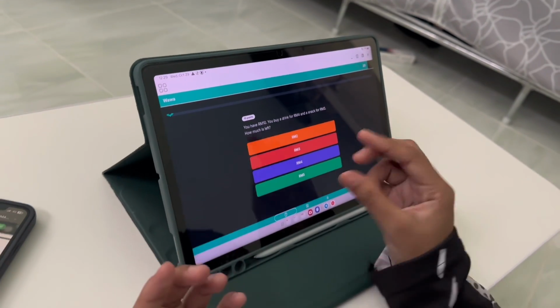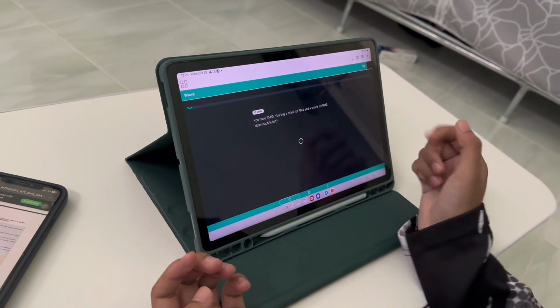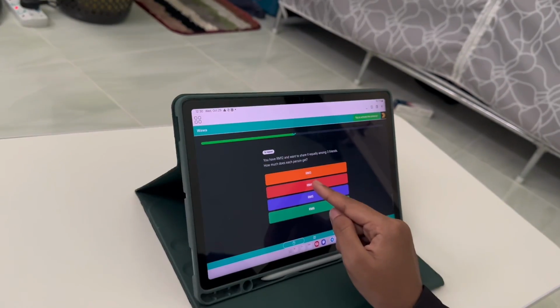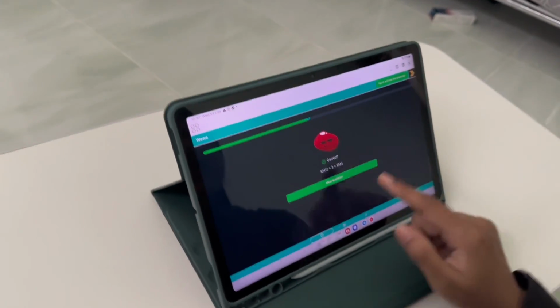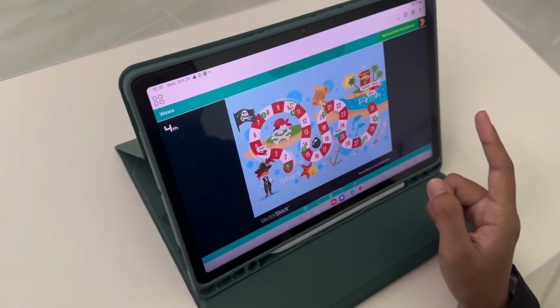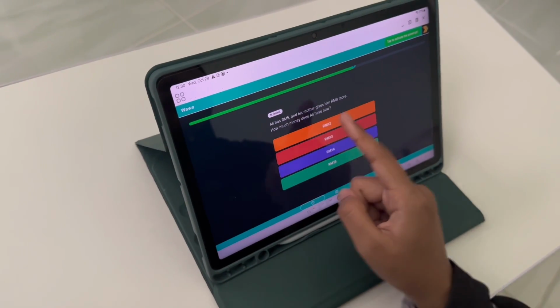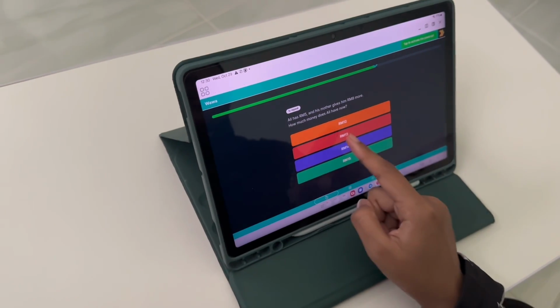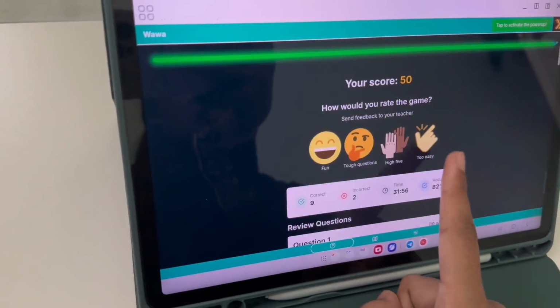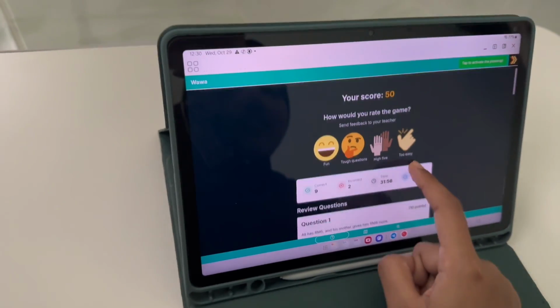If they answer correctly, a little snack or player moves forward one space on the map. If the answer is wrong, they have to move backward one space. The game continues until a player reaches the finish line where the ranking and scores are displayed.